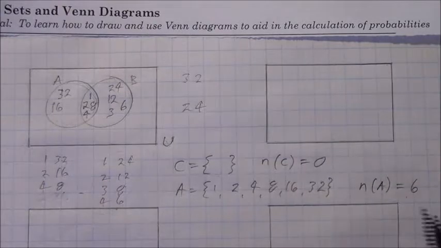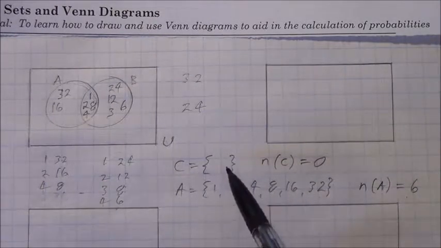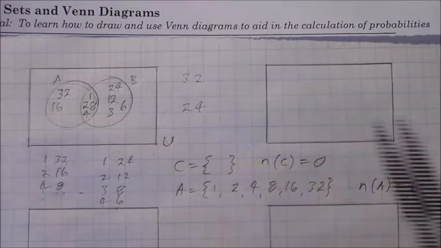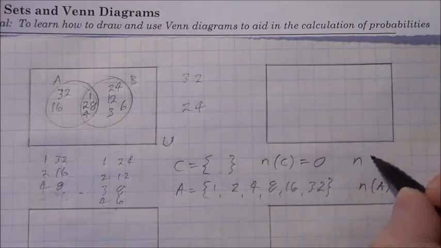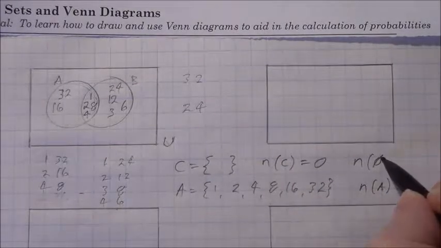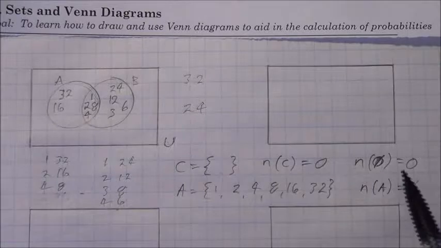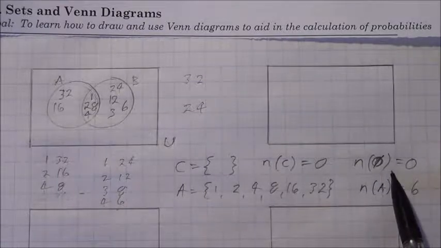This is called the null set or the empty set, because there's nothing inside. We can also state it with this symbol, and n of it is 0.